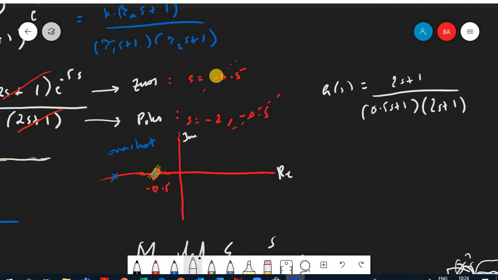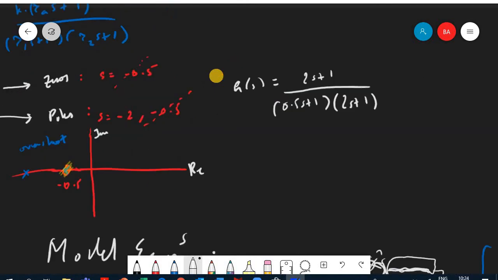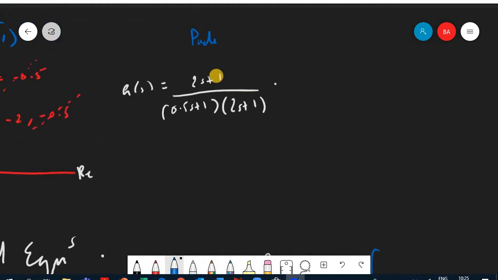And now we are going to multiply by e to the power minus 5s. If you remember from Pade approximation, it says that e to the power minus theta s is equal to 1 minus theta over 2 s over 1 plus theta over 2 s.